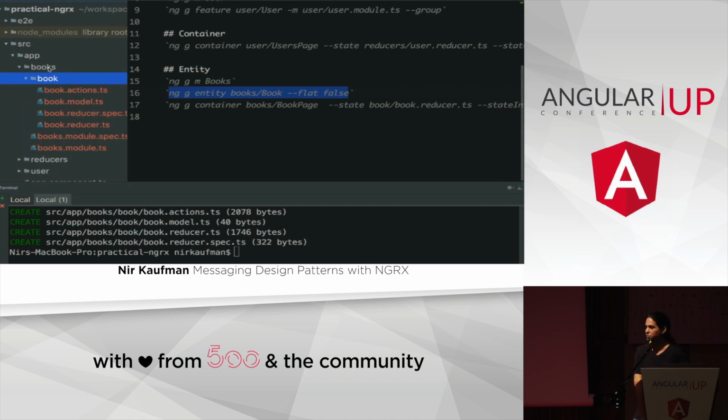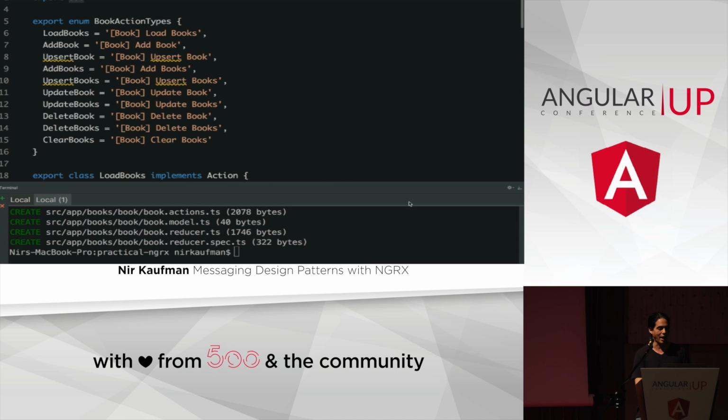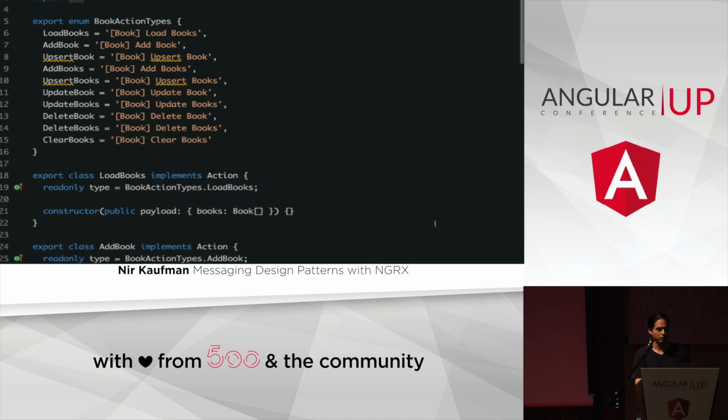Let's explore the code. What you got out of the box is this. First, you've got an interface for your book. The ID is already there. You have to have some kind of an ID. Just add your own properties. Next, we've got our action creators already set up for us.